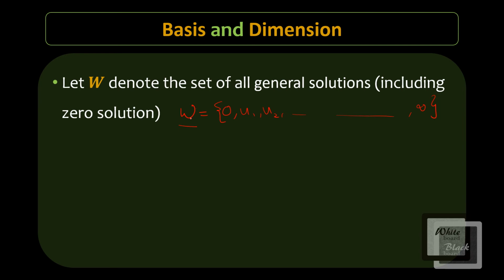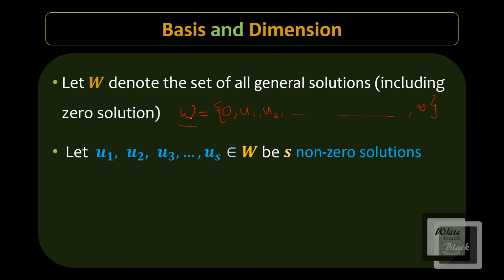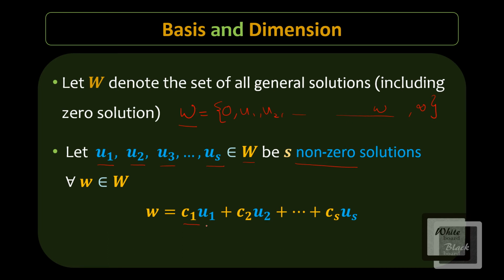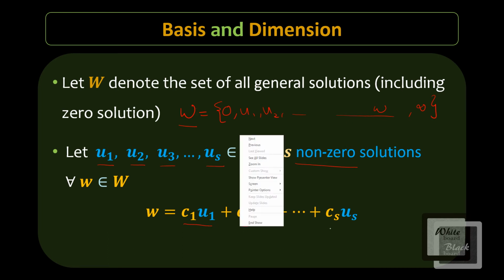Now I will choose solutions from this set. Let U1, U2, U3, ..., Us be the s non-zero solutions. We will not include 0 here. They are non-zero solutions of W such that if you take any other solution from W, then it can be written as a linear combination of U1, U2, ..., Us.